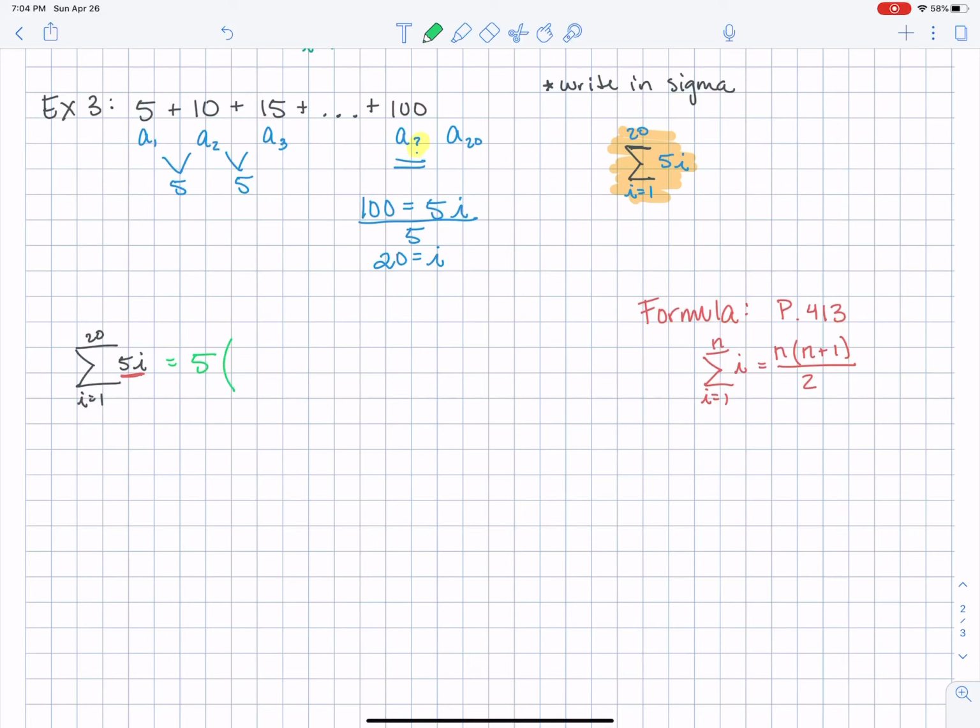We're going to our 20th term, so we would take 5 times 20 times 20 plus 1 over 2, and you would do this in your calculator, which means we get 5 times 210, so our sum is 1050.